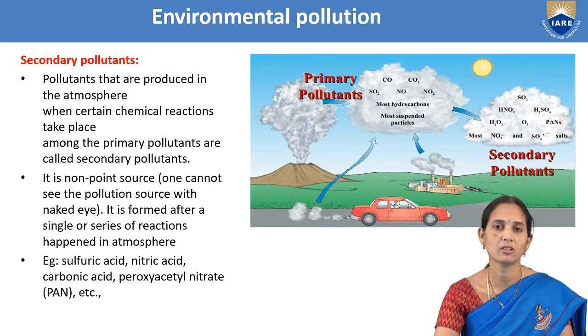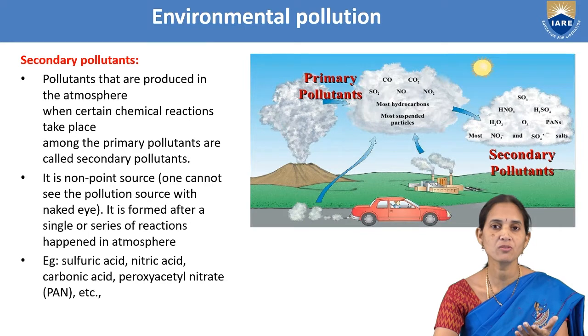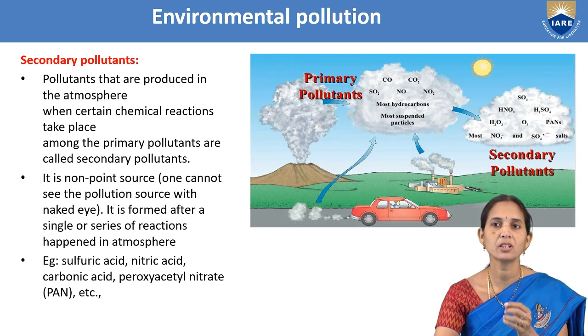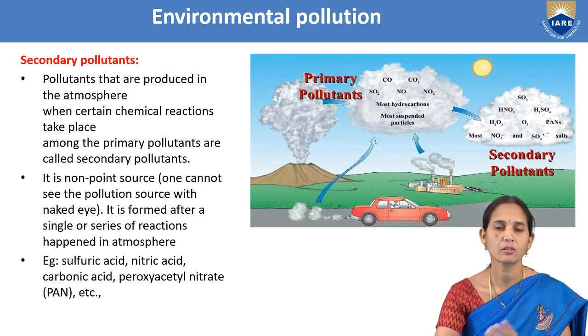So we cannot see that chemical reaction in the air. So it is called a non-point source. A point source we can see, but a non-point source we cannot see. It is formed after a series of reactions that happen in the atmosphere.